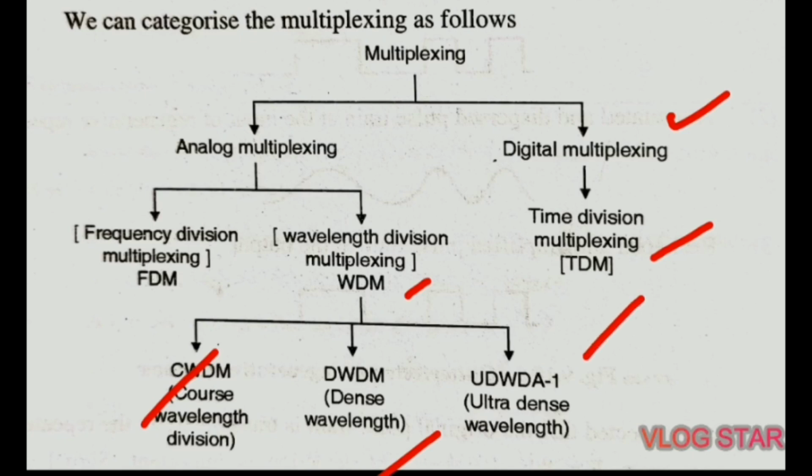Third is the ultra dense wavelength division multiplexing. This is a high density version of WDM having about 100 wavelengths per fiber. And for DWDM, 32 wavelengths per fiber are there.